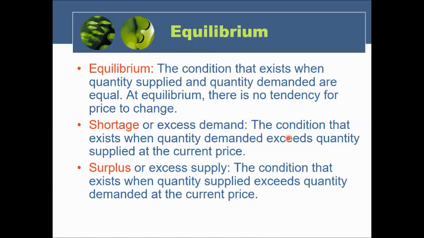So there is also a possibility that at a certain agreed price or current price, there is an effect on the shortage of the supply because of the excess of the demand of consumers in a certain product. And then we have the surplus or excess supply.